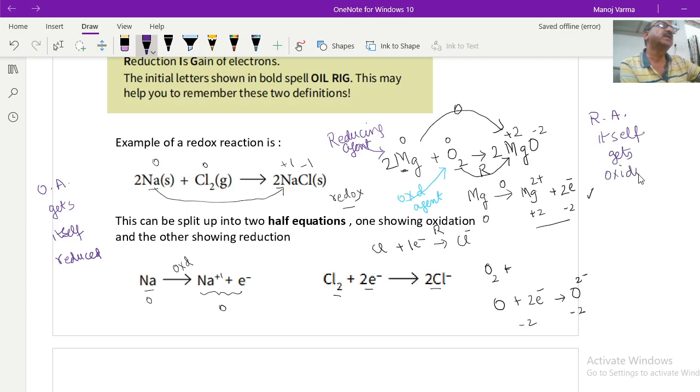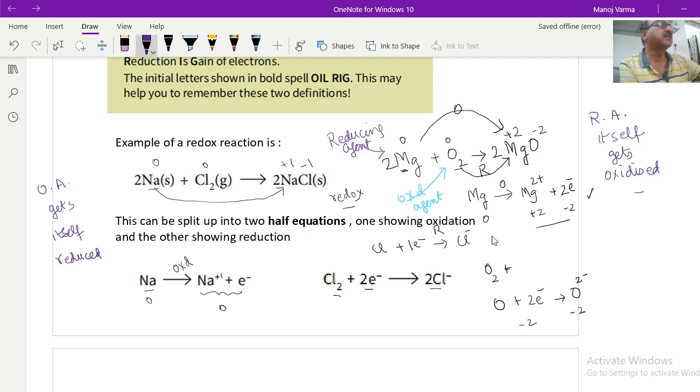So these are some very basic concepts that you have to understand, that oxidation is the loss of electrons, reduction is the gain of electrons. The oxidizing agent itself gets reduced, the reducing agent itself gets oxidized. So how you apply this in terms of electrons, that also I think you have understood.